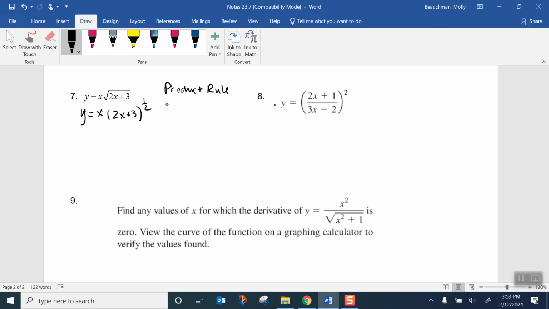And remember that if y is equal to f times g, then y prime is equal to f times g prime plus g times f prime.